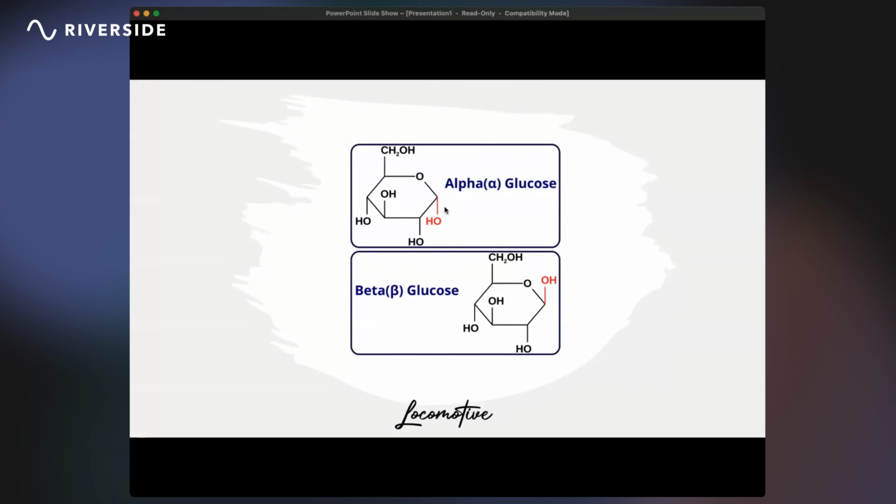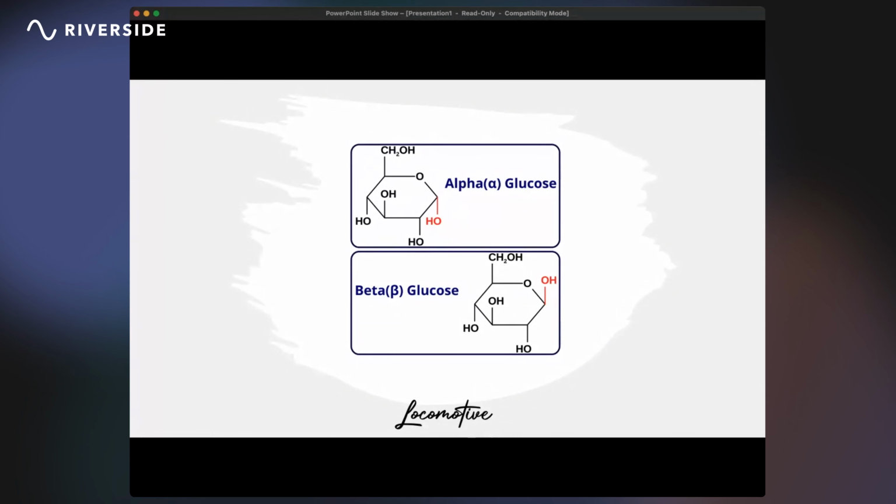When the hydroxyl group has the opposite direction to the CH2OH group, the type of the glucose is alpha. But when it's on the same side as CH2OH, the type of the glucose is beta. So it's very important to know.